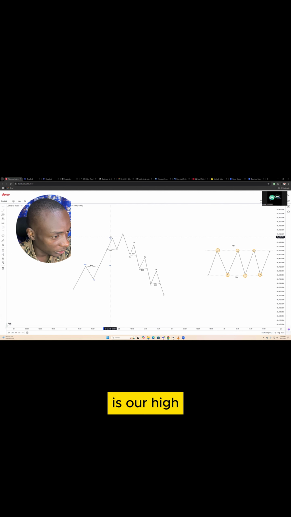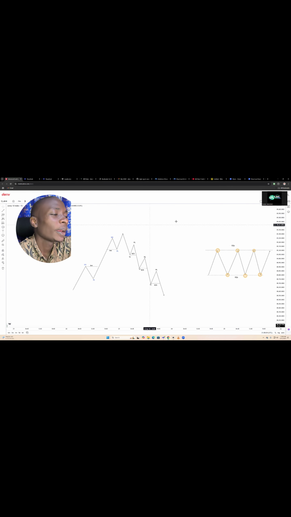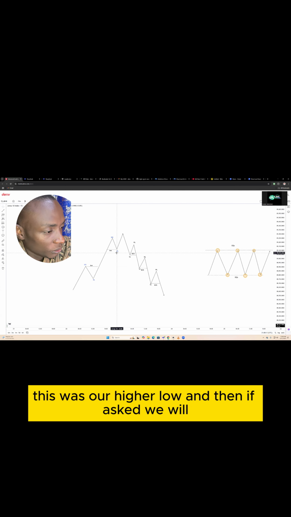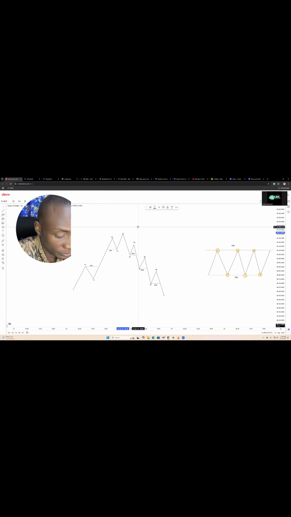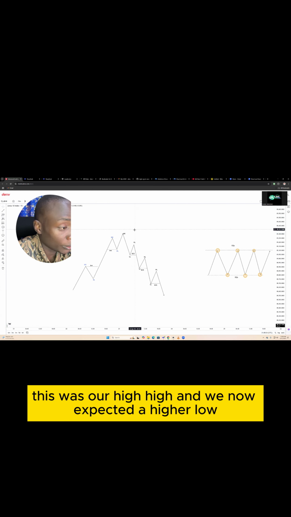This is our high. This is our lower high. Now, this was our high, this was our higher low. And then if asked, we will tell that this is our high, right? This was our high, and we now expected a higher low.